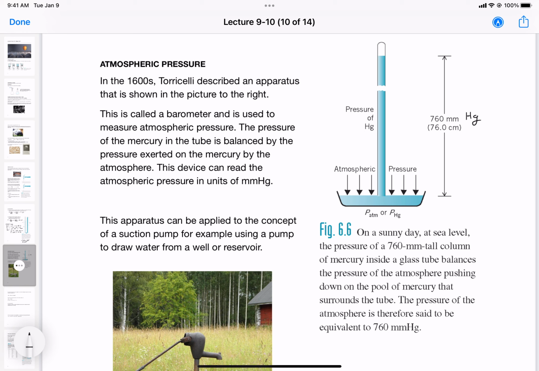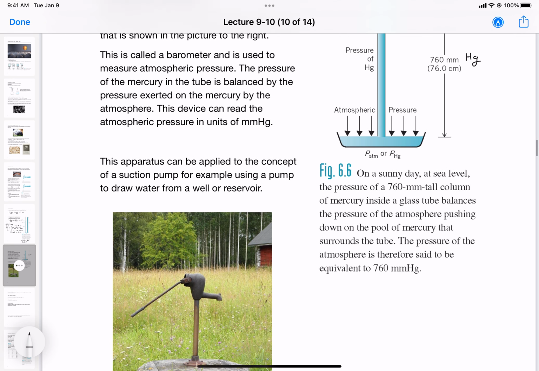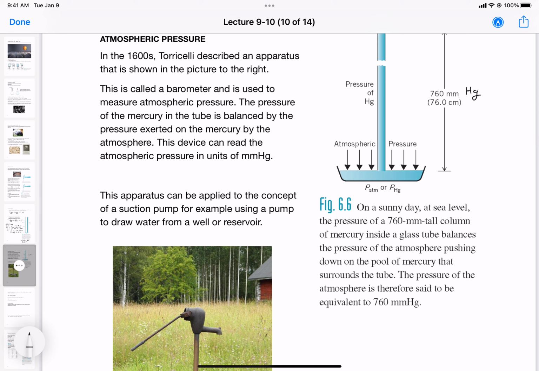Okay, so this apparatus can also be applied to the concept of a water pump, like near a reservoir of water. You crank the shaft of the water pump, and it creates a vacuum, some empty space in the pump and the water reservoir.